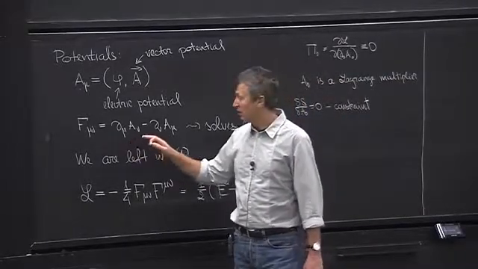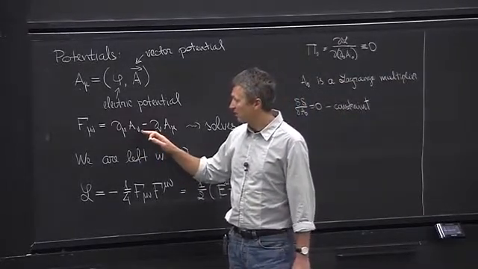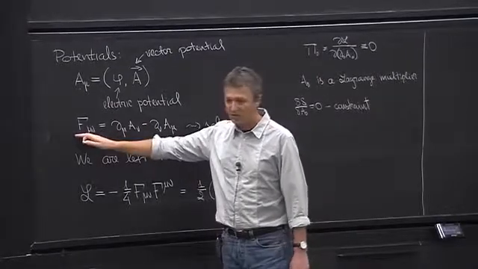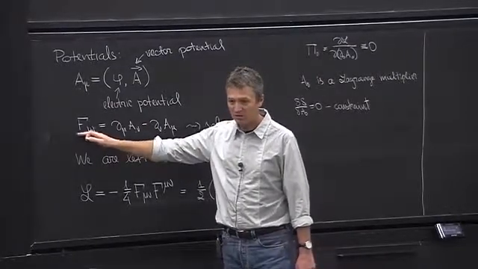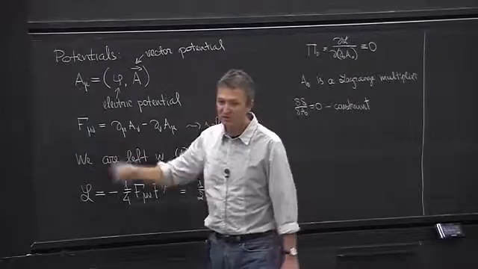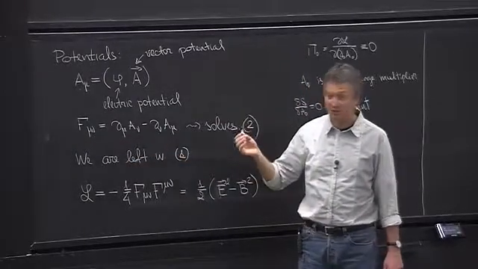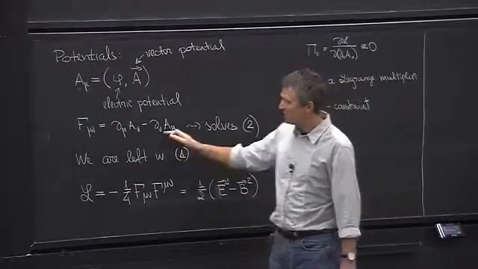So the representation of the field strength, which is the physical quantity, right? With measurable physical quantity, we can definitely measure electric and magnetic fields. But the potential is not.